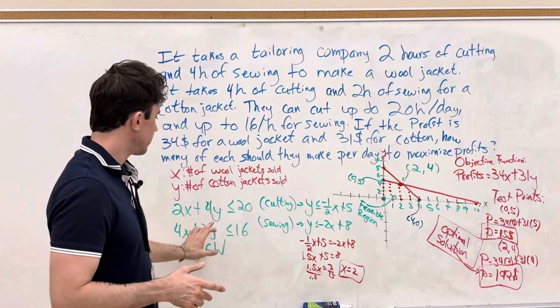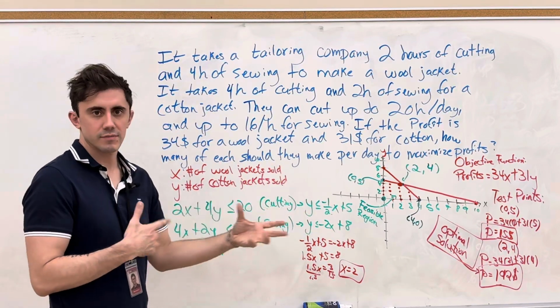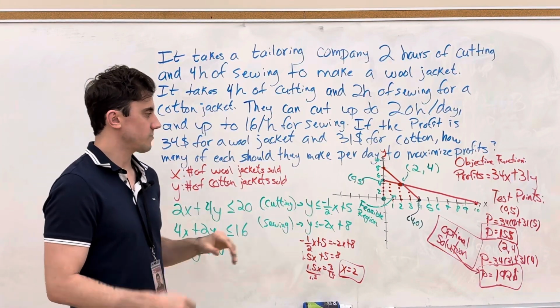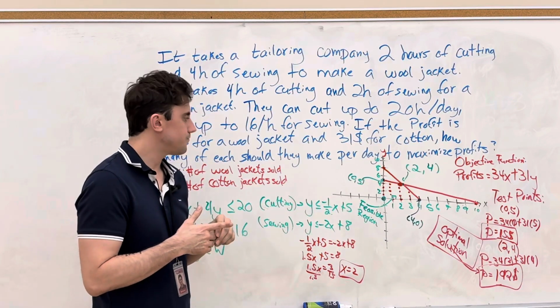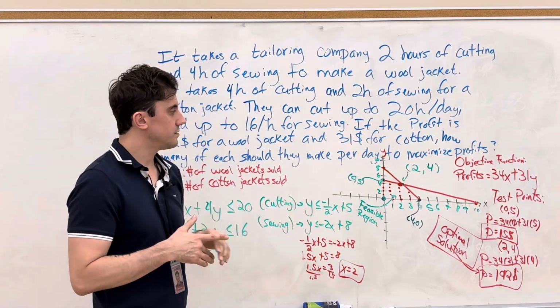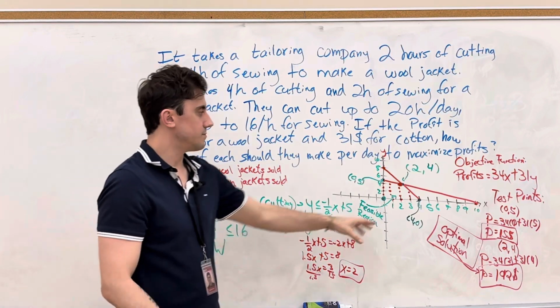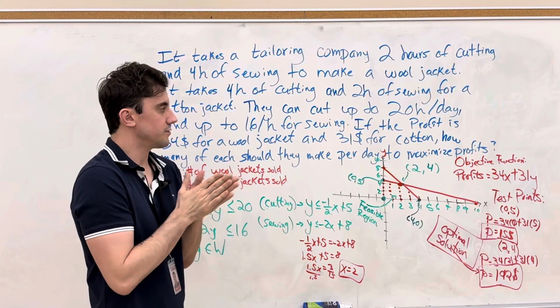Then we like to convert our restrictions into a form where we can graph them readily. Graph the restrictions, either dot or shade in the feasible region, test the vertices, the corners of your feasible region, and see which point optimizes your objective function.